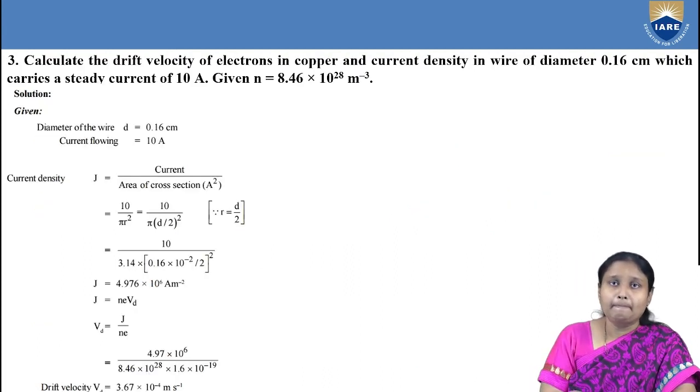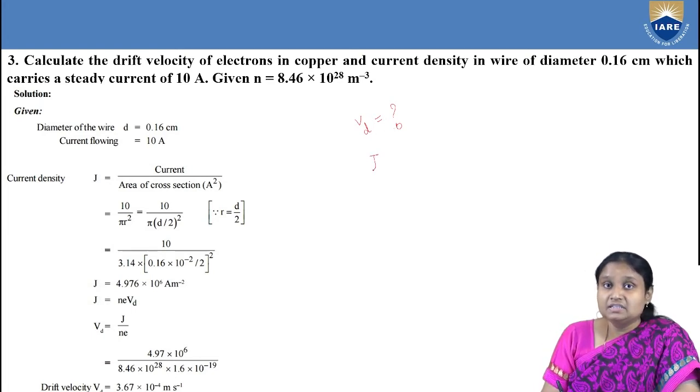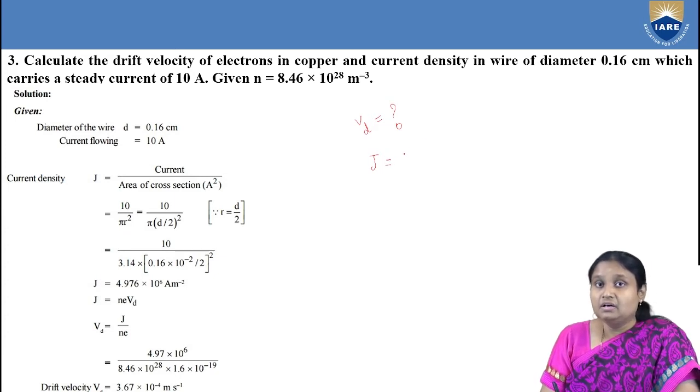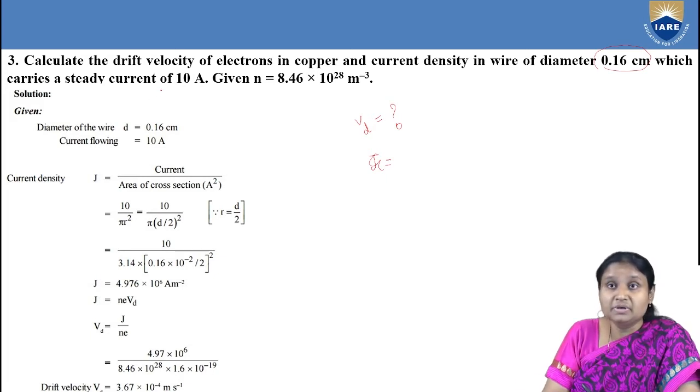Here in this problem, of course, we need to find the value of drift velocity. And what is the data given? We were given the value of current density, which is generally represented by J. Of course, here he's asking about the current density in a wire whose diameter is 0.16 centimeter, and how much current is being passed through that particular wire.